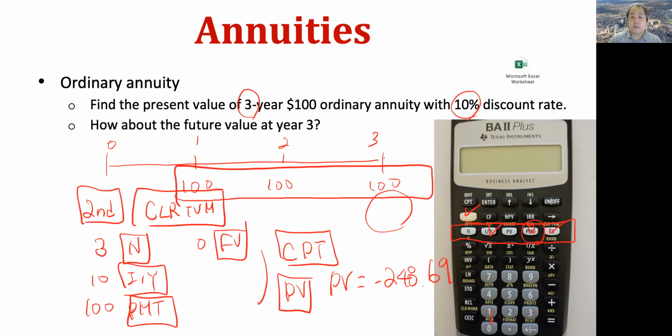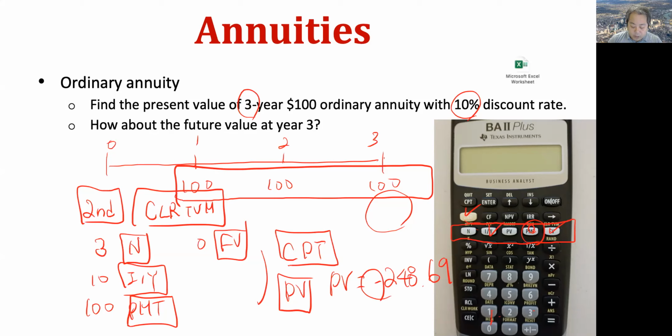So that's the present value. As you know, this negative means cash is out. So it means that if you receive $100 for the next 3 years, then you need to pay $248.69 today to get a 10% interest. That's what it means.